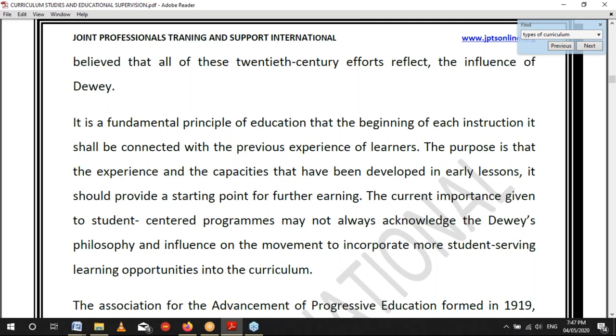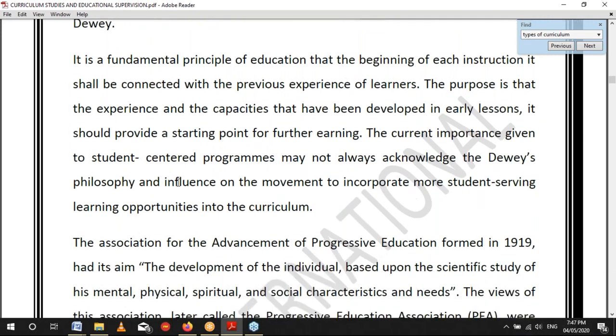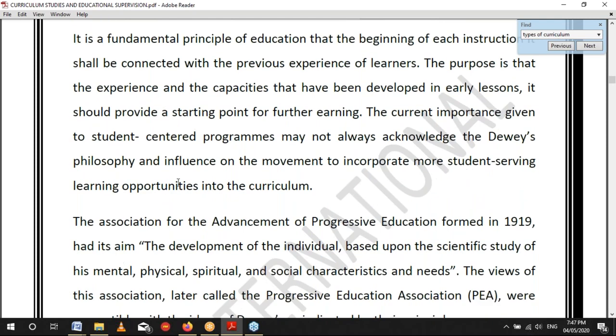Just enter the class, do a small revision of the past lesson which you have taught the students so that they can recall. Then you move to the present teaching. So as you are moving ahead, they are easily following you.